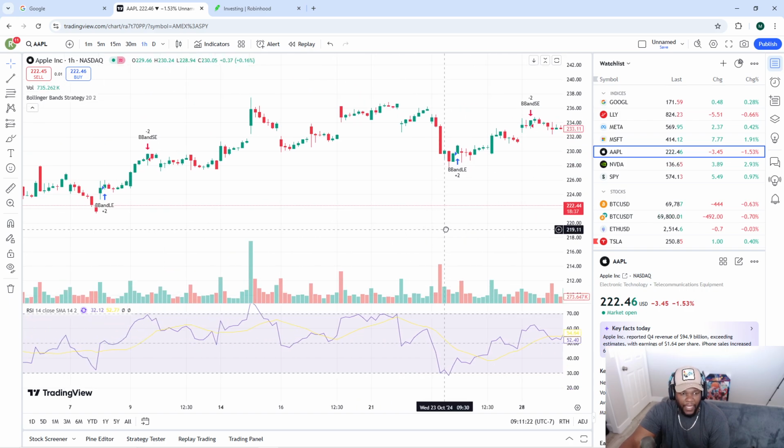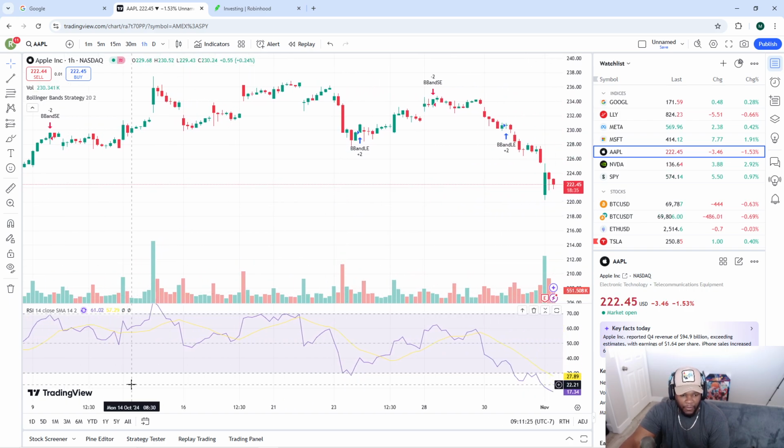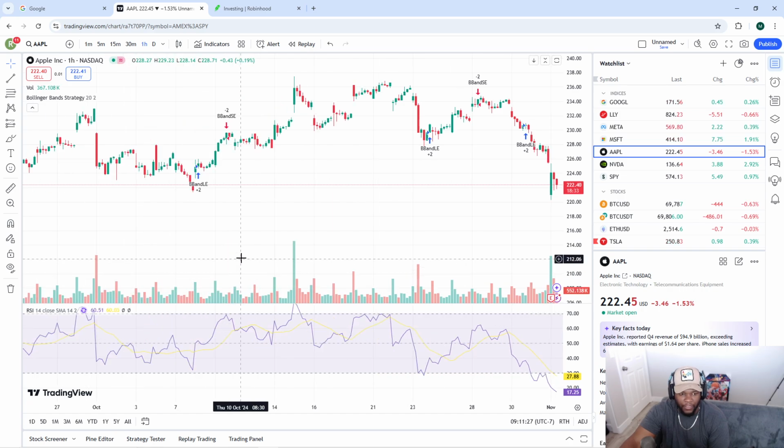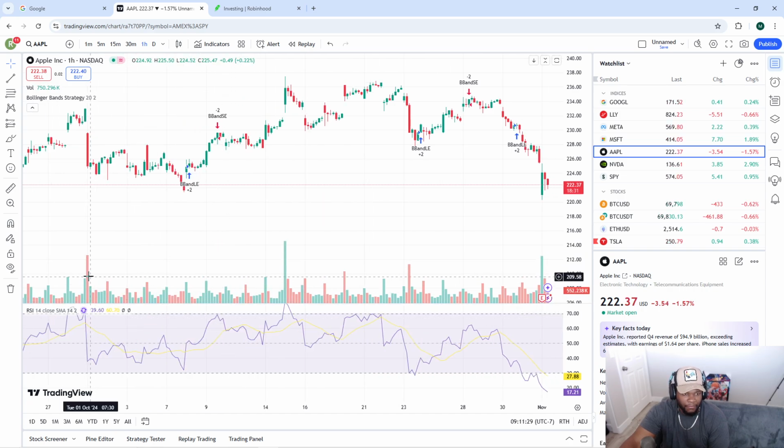So if we look back further, we'll say September 30th, we kind of see that the RSI is very hot with Apple. When we see the RSI hot, it cools off a little bit, and then you can see it being hot for a long time.